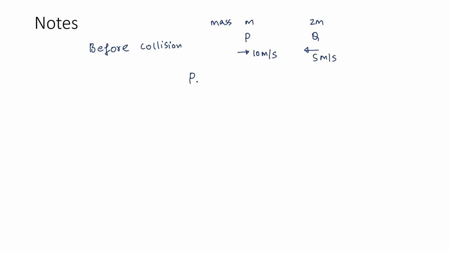So the initial linear momentum, if I calculate this, is the mass of particle P times plus 10 plus mass of particle Q times minus 10. Now this is clearly 0. So because the linear momentum before collision is 0, linear momentum after collision is also 0.